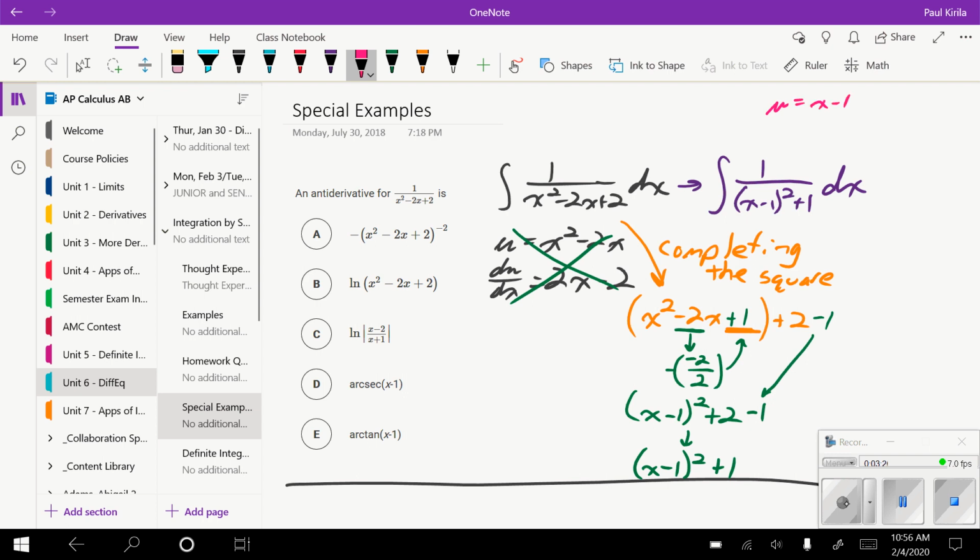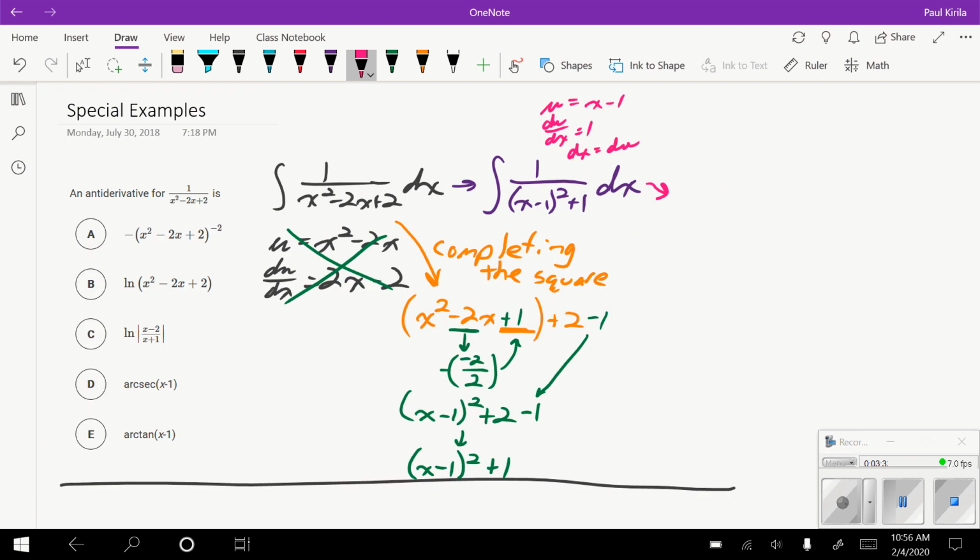of my bigger function of that fraction, which means du dx is equal to 1, which means dx is equal to du. So I now have the integral of 1 over u squared plus 1 du, and this has an antiderivative of the inverse tangent u plus c, because I'm writing it as an indefinite.